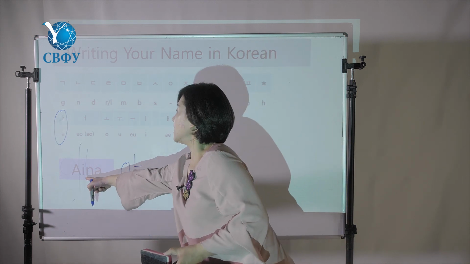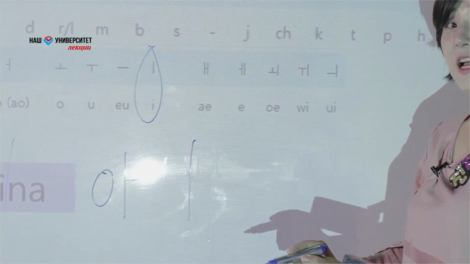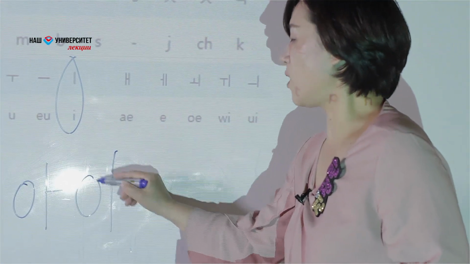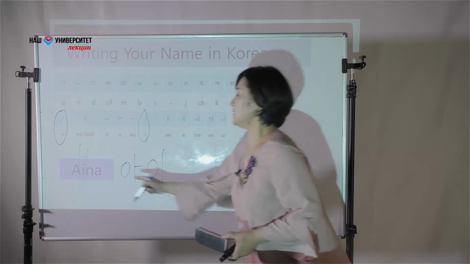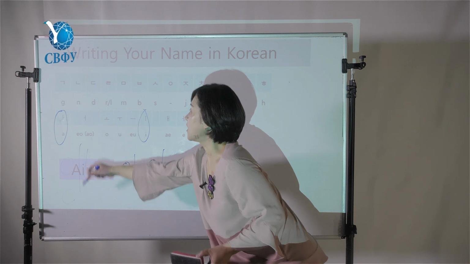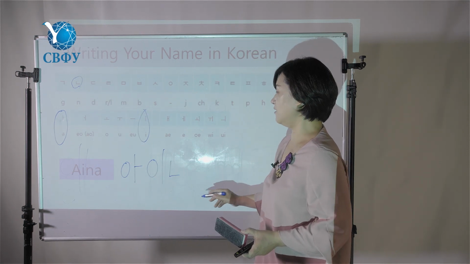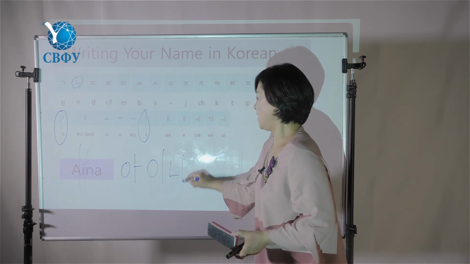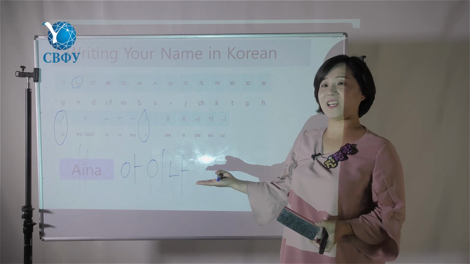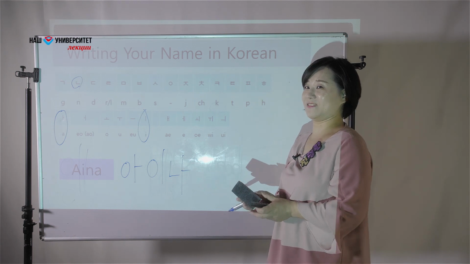What about E? E here. You need to add a zero consonant. And then Na, consonant. Where is this sound? Here. And the vowel. So Aina in Russian goes to Aina in Korean.